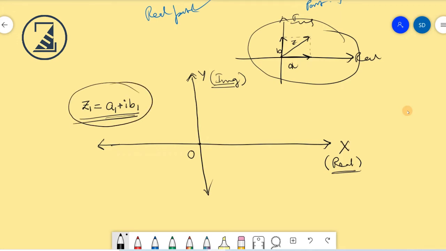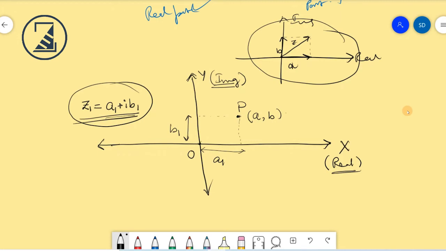This complex number is nothing but this point P, which has a length of a1 in the direction of the real axis, and a length of b1 in the direction of the imaginary axis. And this is my complex number, this point.